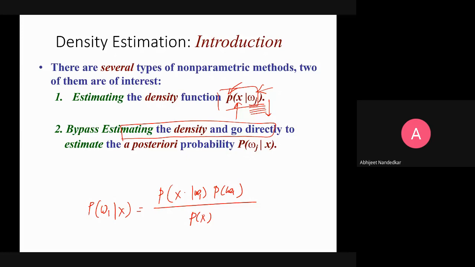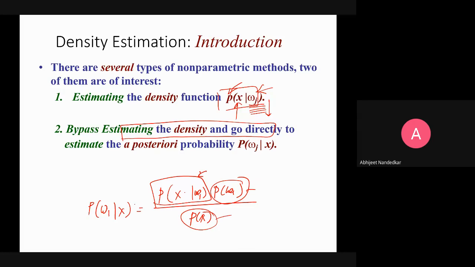So here, this is my likelihood, so that we use, say, a parzen window kind of technique to estimate this value, and this is the prior and this is the evidence, so this is known to us.